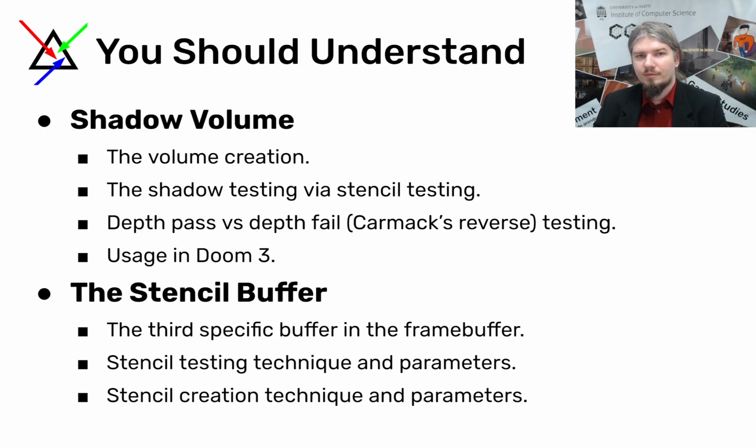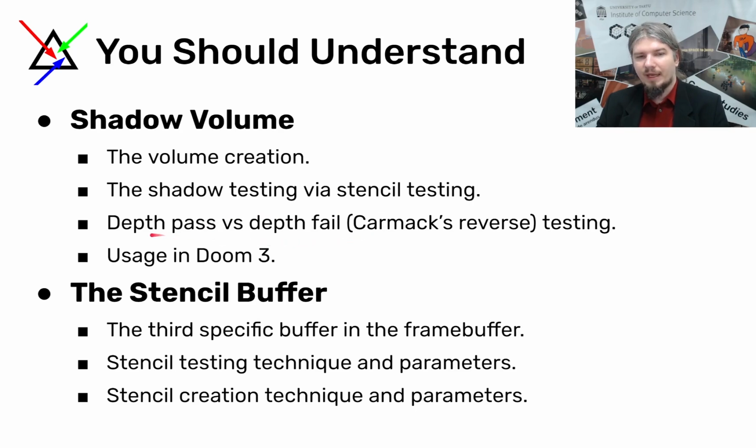So from this video, you should understand the shadow volume algorithm, how those volumes are created. So we have the silhouette edges, light cap, dark cap, and we extrude the dark cap to infinity and create a side between the light and dark caps. You should also understand how shadows are tested through stencil testing, and what's the difference between this depth pass and depth fail approaches.